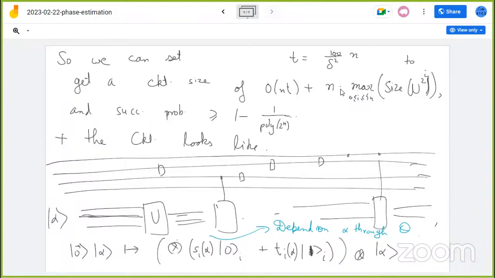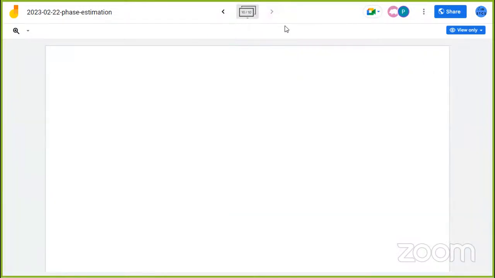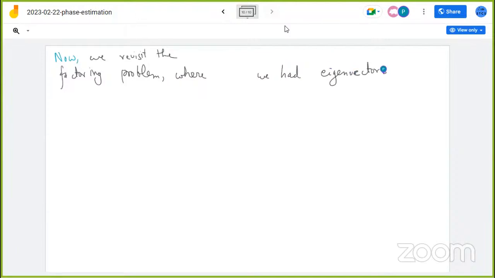Okay, so now we revisit. We want to give zero, with eigenvalues.